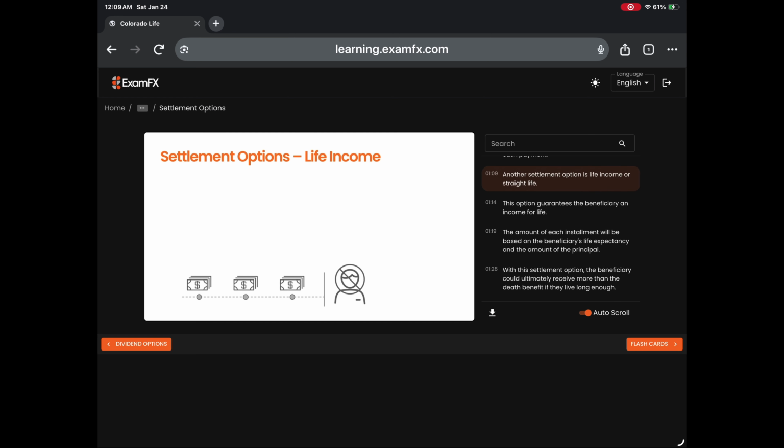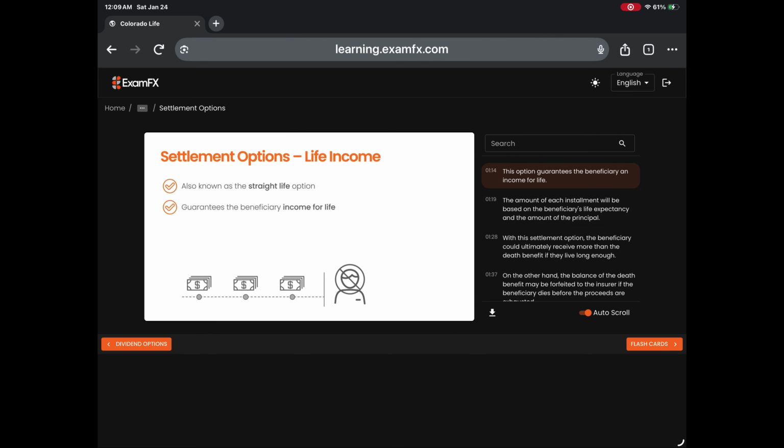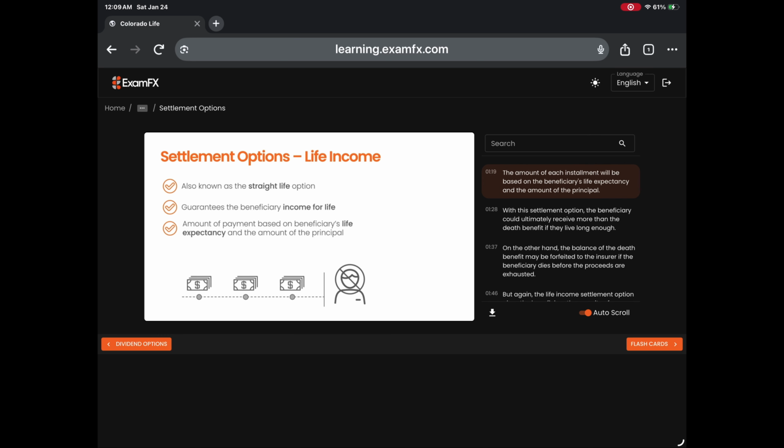Another settlement option is life income or straight life. This option guarantees the beneficiary an income for life. The amount of each installment will be based on the beneficiary's life expectancy and the amount of the principal.